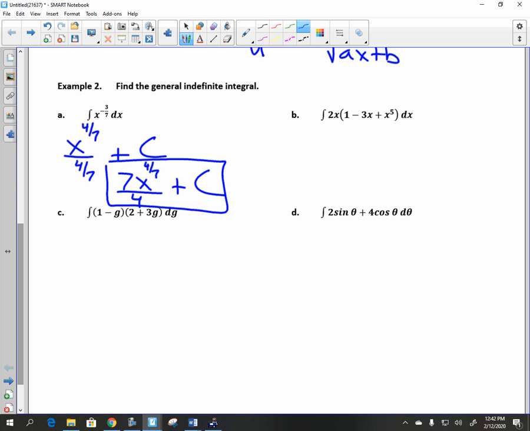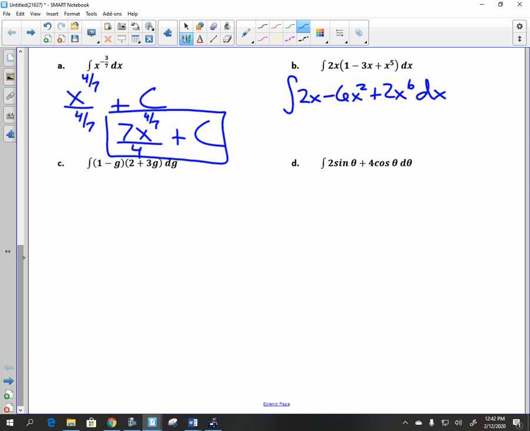We don't know how to do the reverse product rule yet. So what should we do for letter B? Yep, so I have the integral of 2x minus 6x squared plus 2x to the 6th dx. Now that it's written as a power, I can go ahead and find the antiderivative. What is the antiderivative of 2x? X squared.